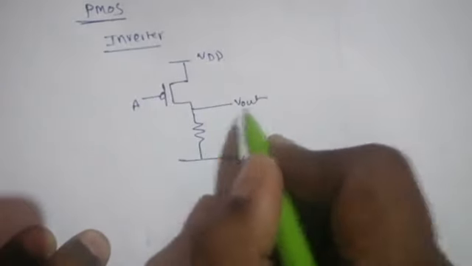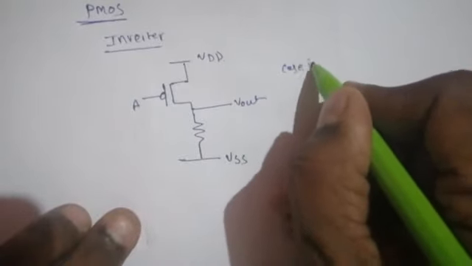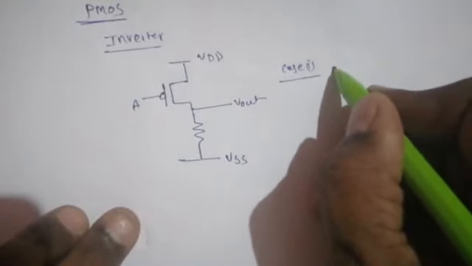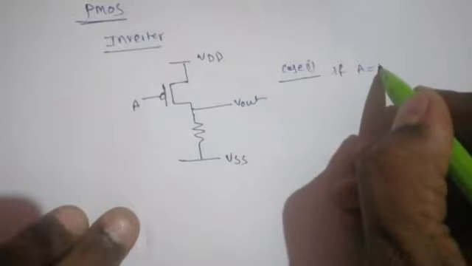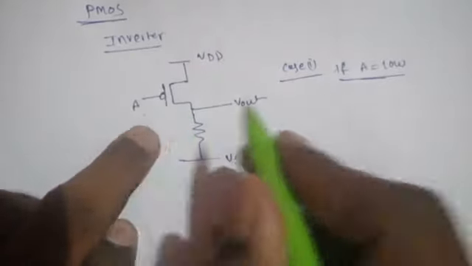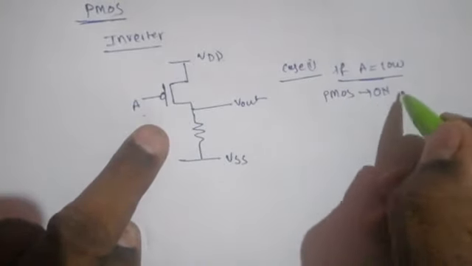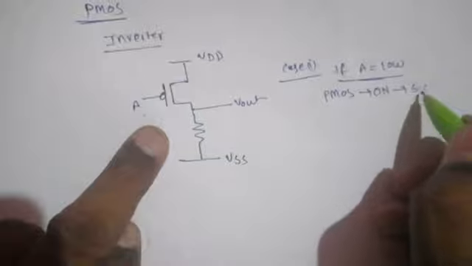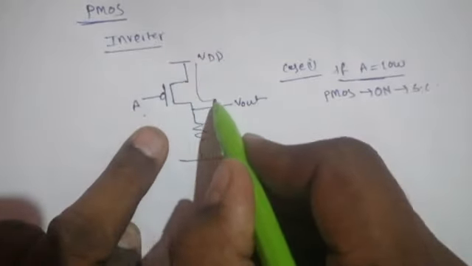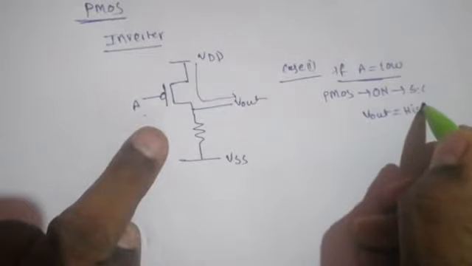In case 1, if the input voltage A is low, then the corresponding PMOS is on and acts as a short circuit. When it is short circuited, VDD is passed to the output side, so the output voltage is high.